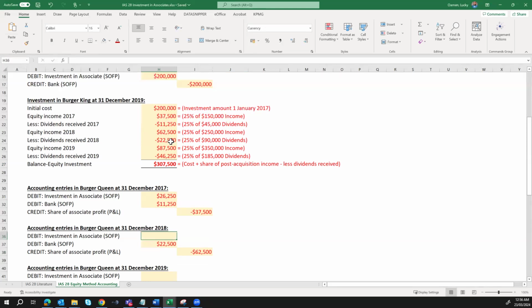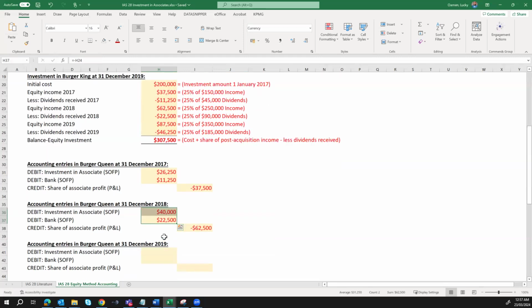Right, so we're going to increase our investment in associates in the balance sheet by the net movement of the $62,500 and the $22,500. So investment will increase by $40,000 while we will receive $22,500 in our bank and recognize the share of profit of $62,500, which balances this journal entry.